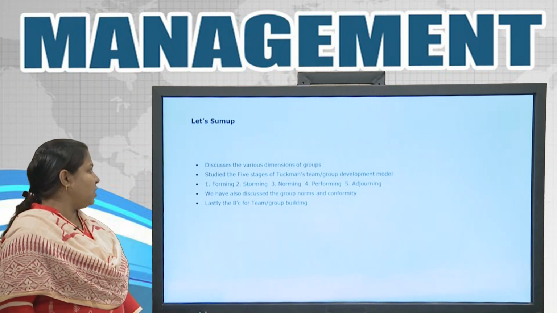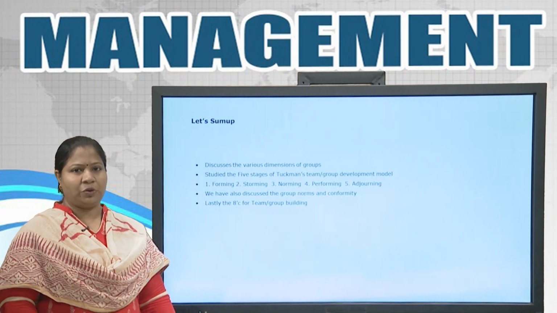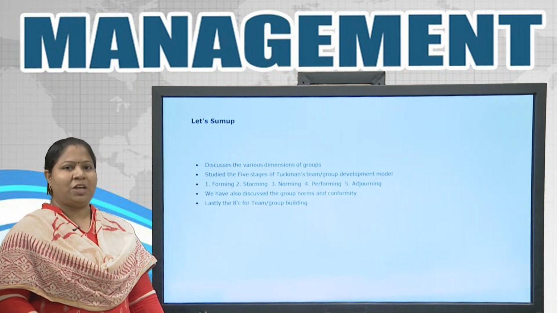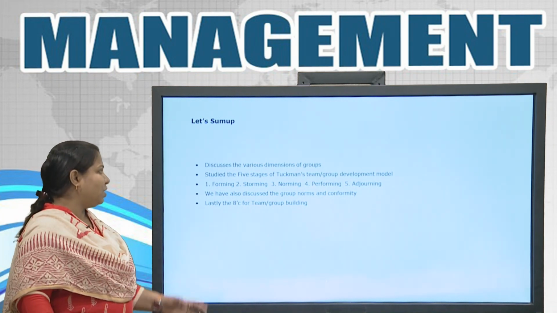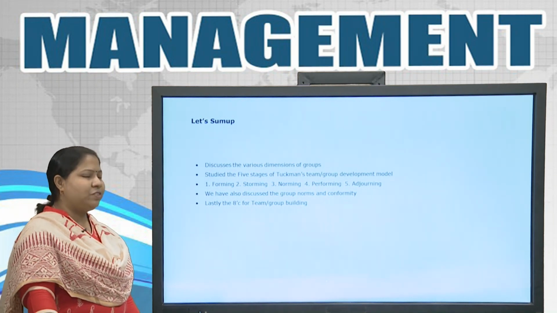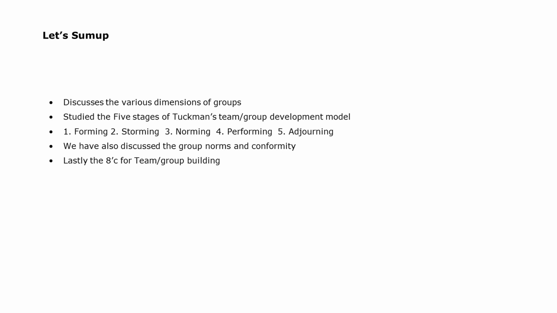Today we have discussed the various dimensions of group, types of groups, we have studied the classification of groups, then the 5 stages of Tuckman: first forming, second storming, third norming, fourth performing and last one adjourning. After that we have studied group norms and conformity, and lastly we have understood the 8 C's for team or group building.